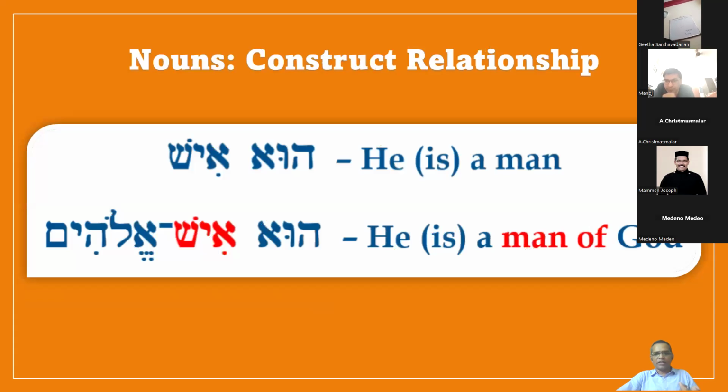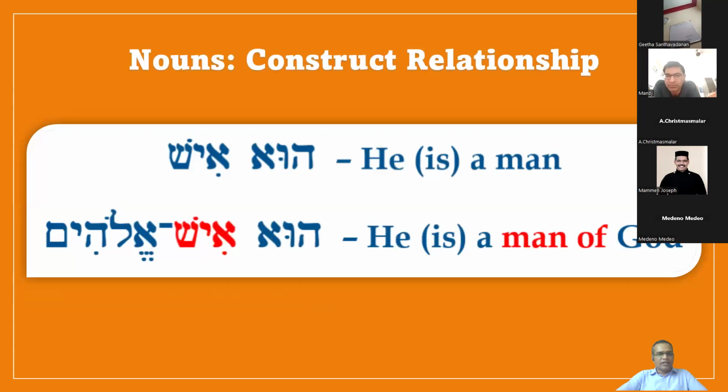The second noun will be in the absolute state, and in the translation the word "of" will be used, which is expressing the possessiveness. Man of God, man of God. So if you see here, Ish is in construct state and Elohim is in absolute state.